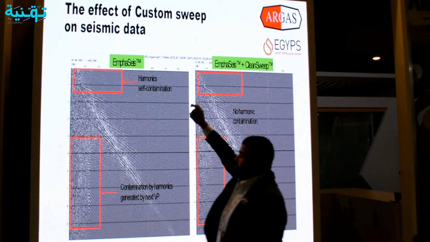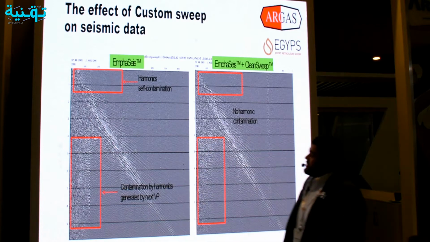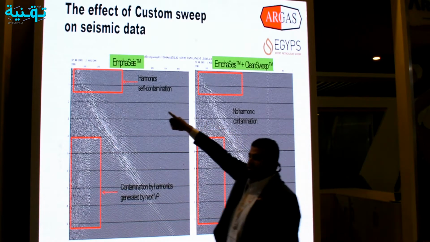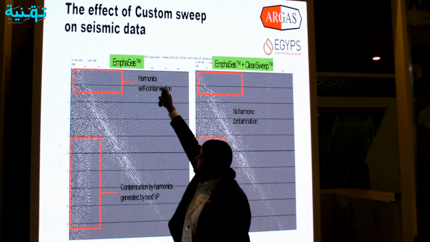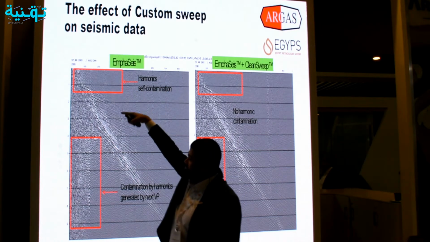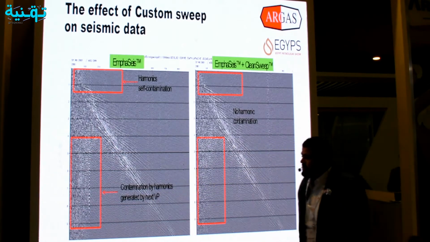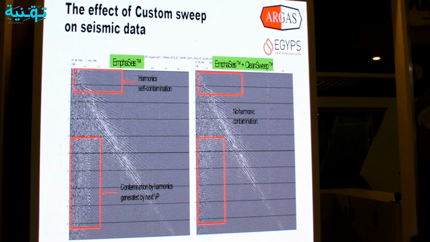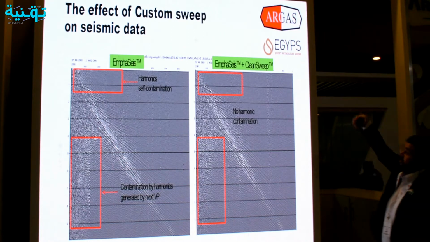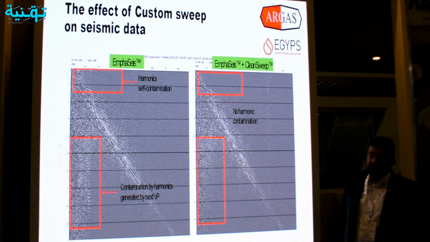This is the ground roll, the first break, reflections, and as you can see from here, this is harmonic noise, self-contamination. This noise is generated from the same vibrator producing the shot point. And this noise is contamination by harmonics generated by the next VP. Using our new clean sweep, this harmonic noise disappeared.